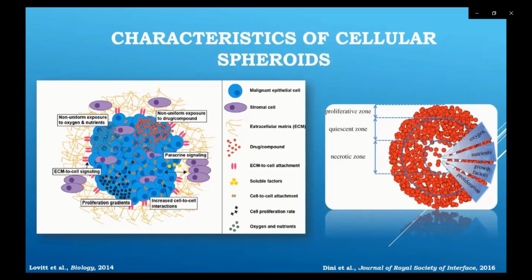And in the center, we have the necrotic zone, in which the toxins and other compounds are gathered, in which the cells are practically in an apoptotic and necrotic state because of the lack of access to nutrients, oxygen, growth factors, or proliferating factors.